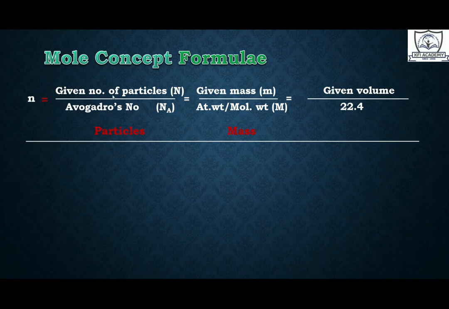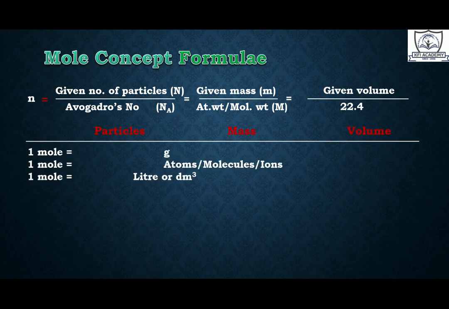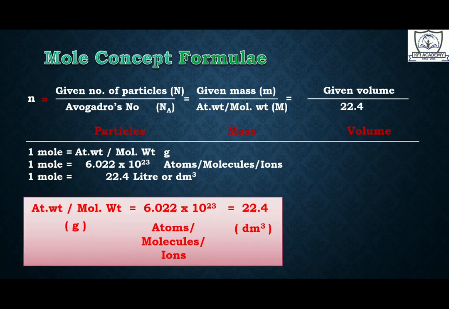Number of moles is number of particles divided by Avogadro number, or given mass by atomic or molecular weight, or given volume by 22.4 liters. So 1 mole is equal to atomic weight, 1 mole is equal to Avogadro number, 1 mole is equal to 22.4 liters. Now we will discuss some PYQs based on this concept.